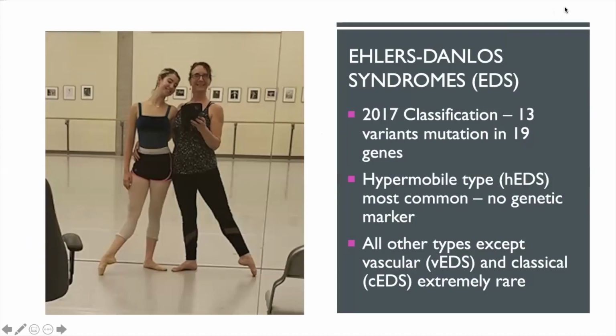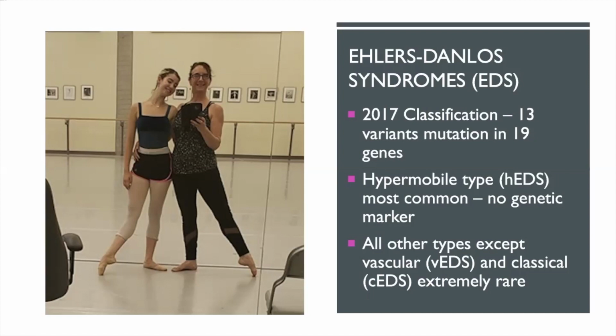So in 2017, the new classification was developed that looked at mutations in 19 different genes, and they came up with 13 different classes of Ehlers-Danlos syndromes, with the most common type being the hypermobile type. There's no genetic marker for the hypermobile type, which represents 80 to 90% of cases.